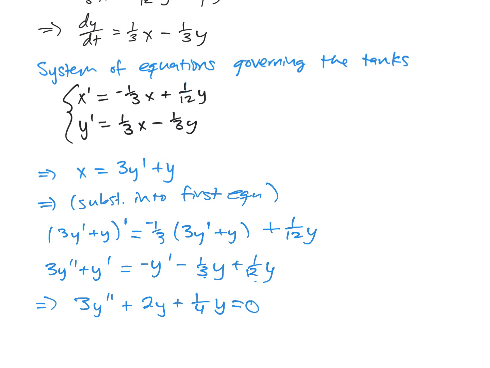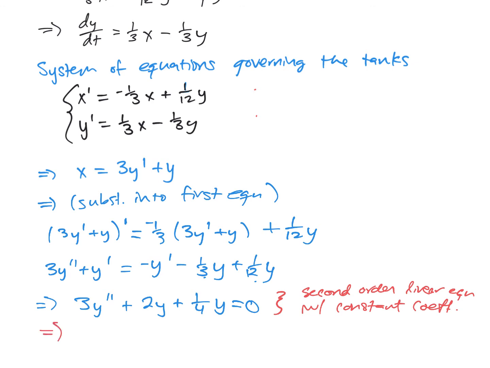So this is neat because we had two first order equations up here, but this is a second order linear equation with constant coefficients. And so we know how to solve it.